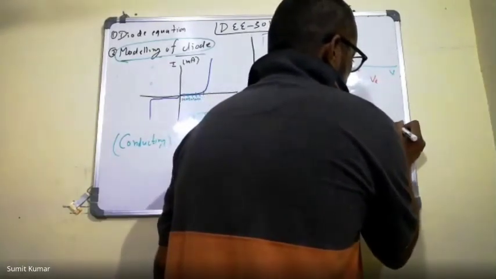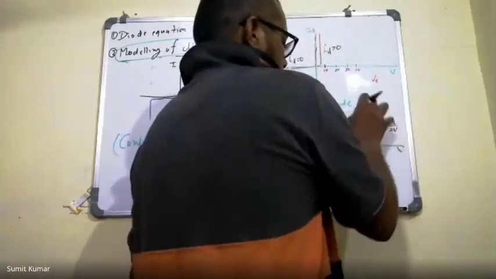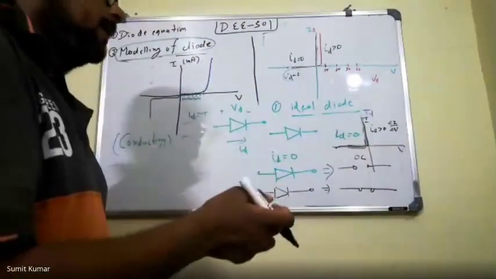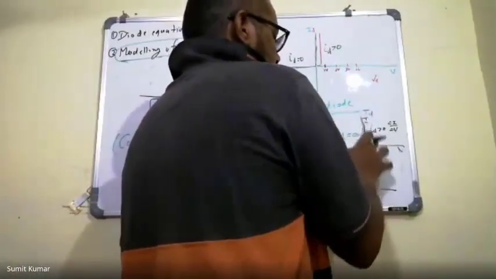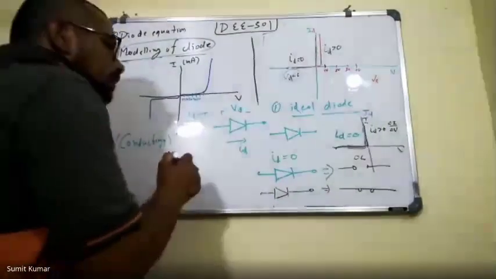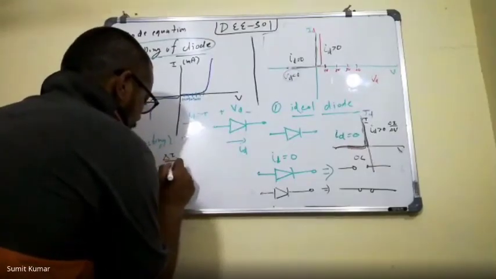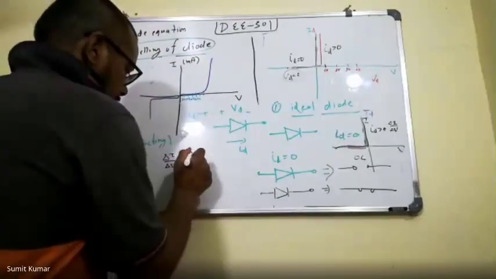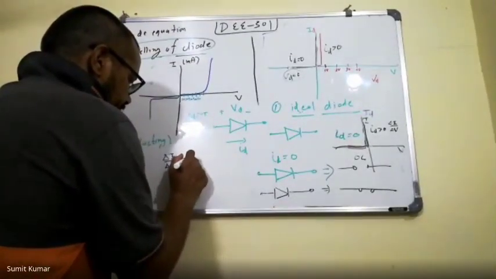Delta I by delta V. What is the slope? The change in the perpendicular value divided by the change in the base value. Here you can see the slope is almost equal to 90 degrees. So delta I by delta V is tan 90 degrees, which is infinity.